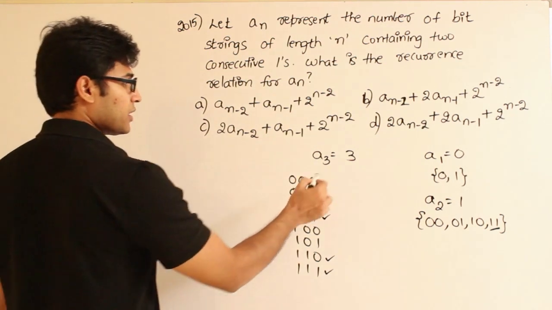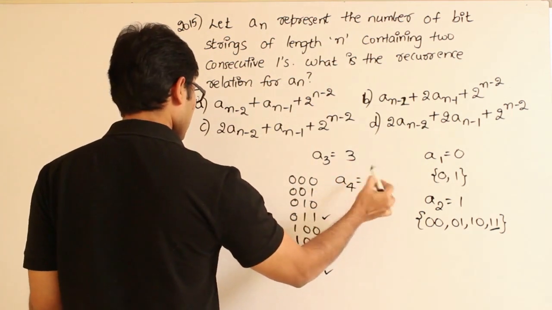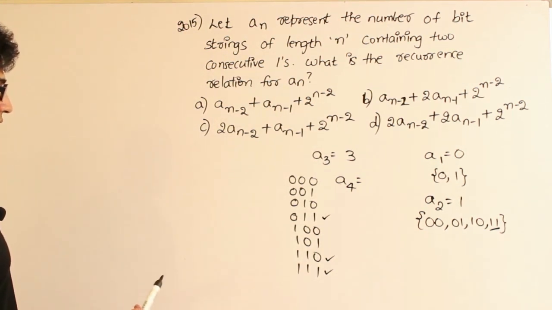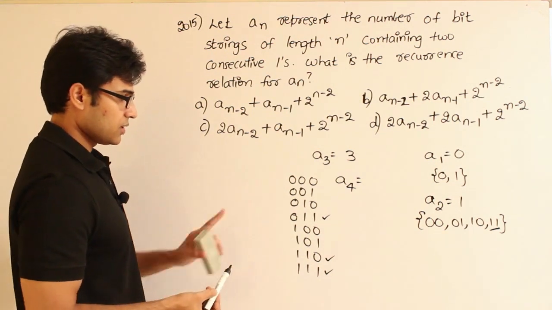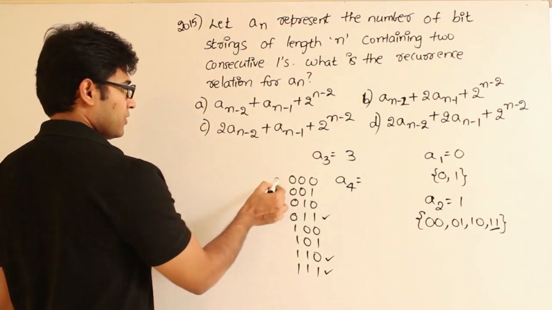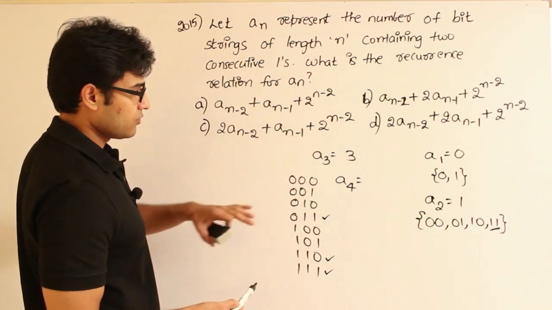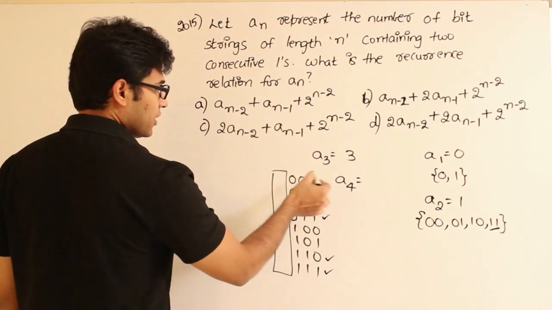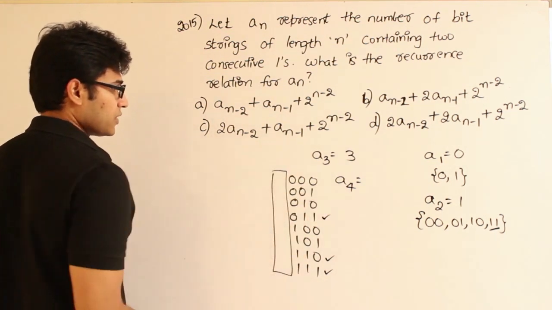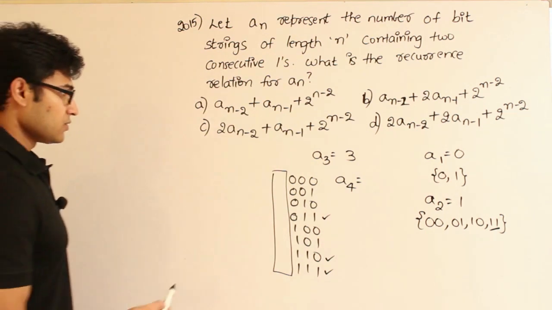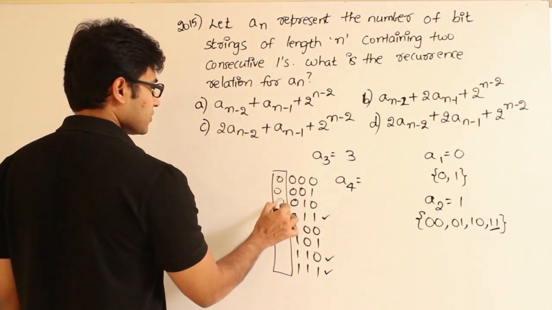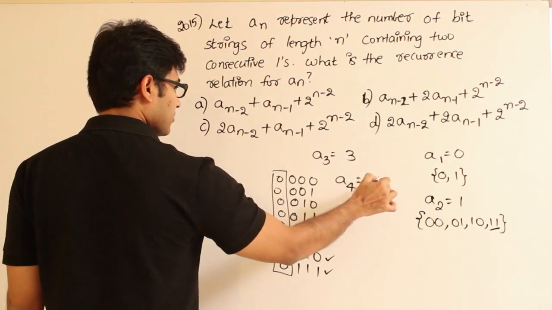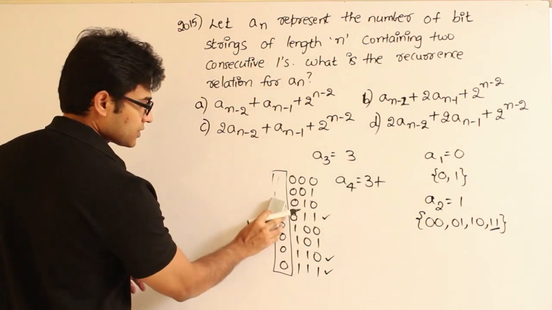And what about a4? a4 is the set of all strings of length 4 which will have two consecutive ones in them. Now using this you can find it out. How do we get the set of all strings of length 4? In the leading position you put all zeros one time and all ones one time, and you get all the 16 strings. If you put zero in front of each, you are again going to get 3, plus if you put one in front of each.